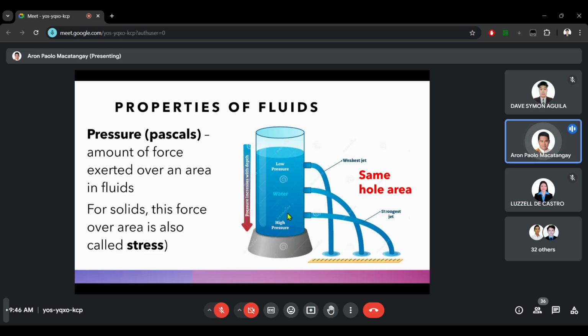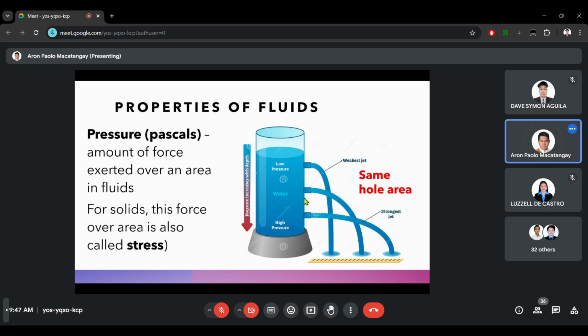Which means the fluid at the bottom of a container is experiencing a larger force per unit area compared to the fluid at the top portion, which is experiencing a smaller force per unit area. That higher force per unit area at the bottom is the reason why the jet or the flow is farther compared to the flow from the hole on the higher portion.